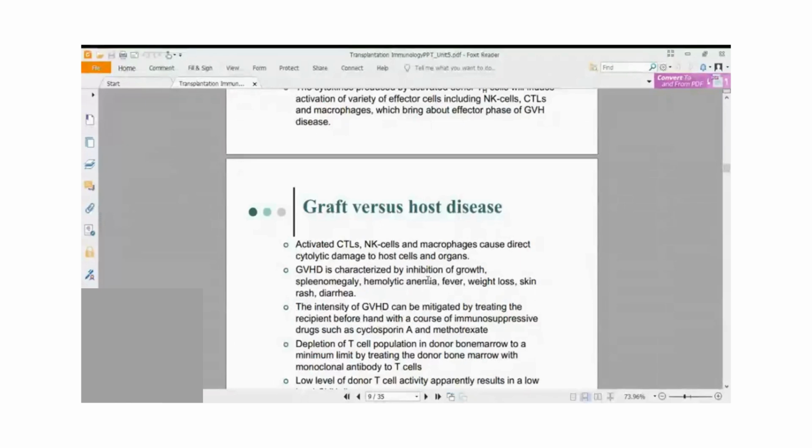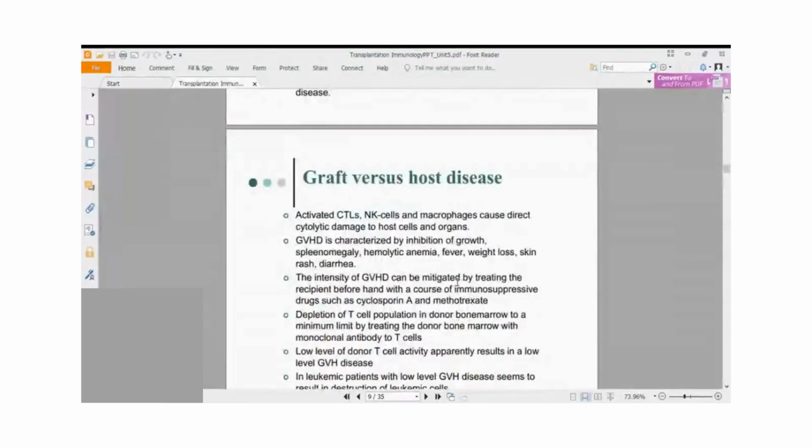Complete blockage of the T cells in the bone marrow will make the bone marrow completely immunosuppressive, and it will be of no use transplanting such a bone marrow. So a minimum number of T cells will be kept active in the bone marrow, and a maximum number of T cells are suppressed by the monoclonal antibody treatment.